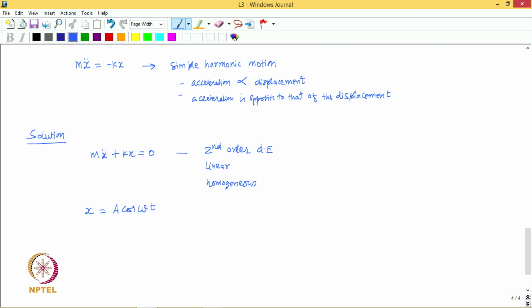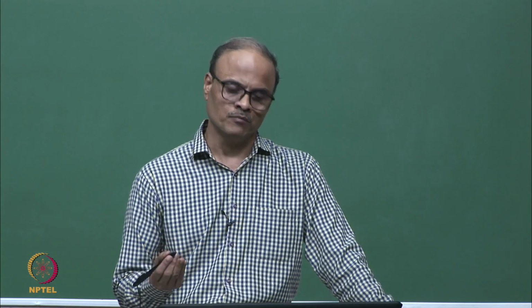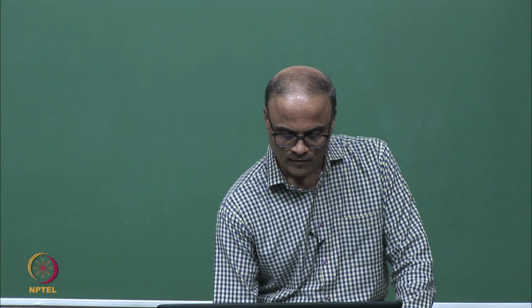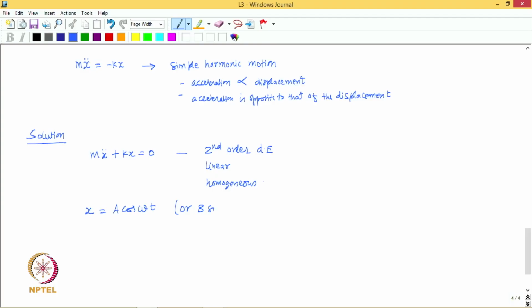Cos and sine functions basically represent simple harmonic motions, and hence the solution is either a cos omega t, or we can also call it, say, other possibilities b sin omega t, where omega is the frequency of the simple harmonic motion. So, the coefficient of t refers to the frequency of the motion or the simple harmonic motion.